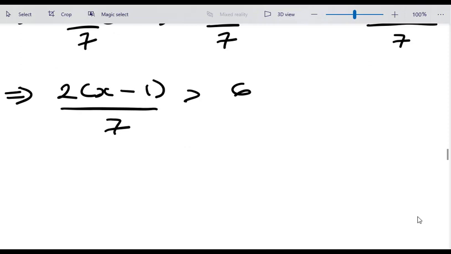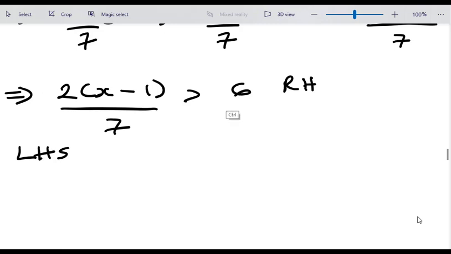So the next thing that should be done here: we know that this side is the left-hand side and this is the right-hand side. The left-hand side contains a fractional part, the right-hand side doesn't.